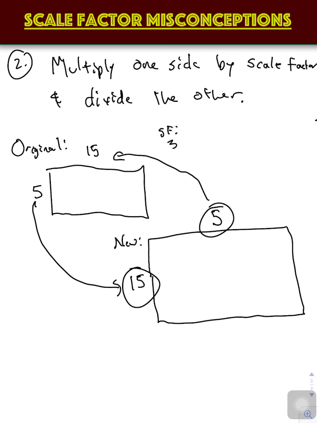So that's not right. We need to remember to always go from the original to the new. From the original to the new. So in fact, this isn't 5, it's 15 times 3. This is 45. Those are the biggest two things to look out for, is just making sure that if you multiply one side from original to new, that you need to also multiply the other side from original to new.